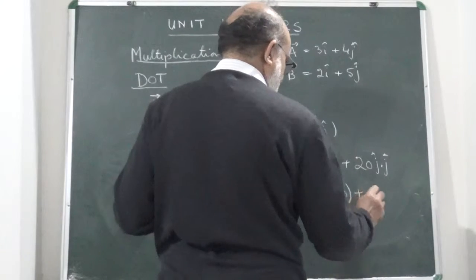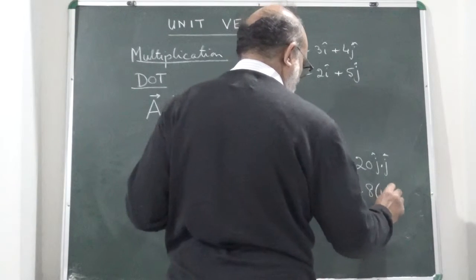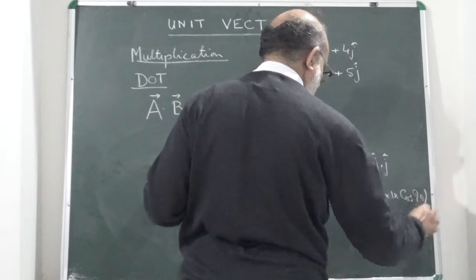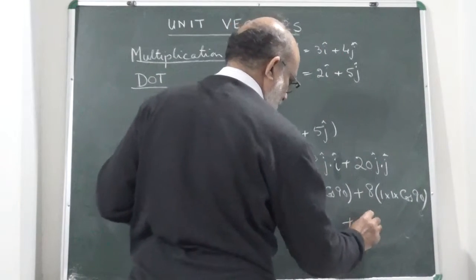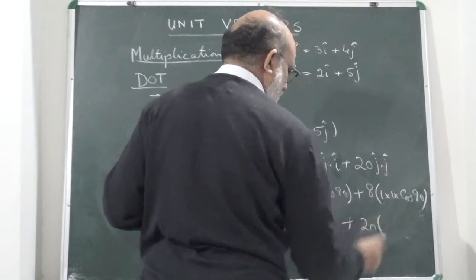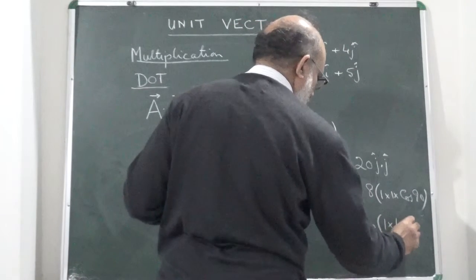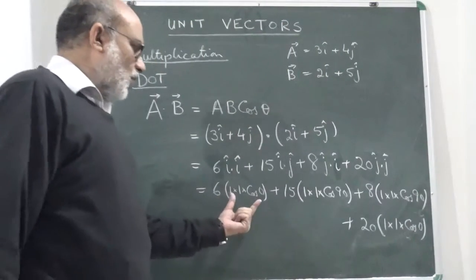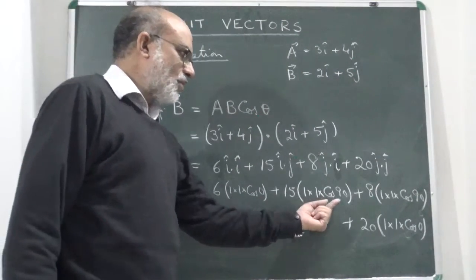Similarly, 8 into 1 into cos 90, plus this is 20, and j dot j is again parallel, so it is 1 into cos 0. Now cos 0 is 1 and cos 90 is 0.